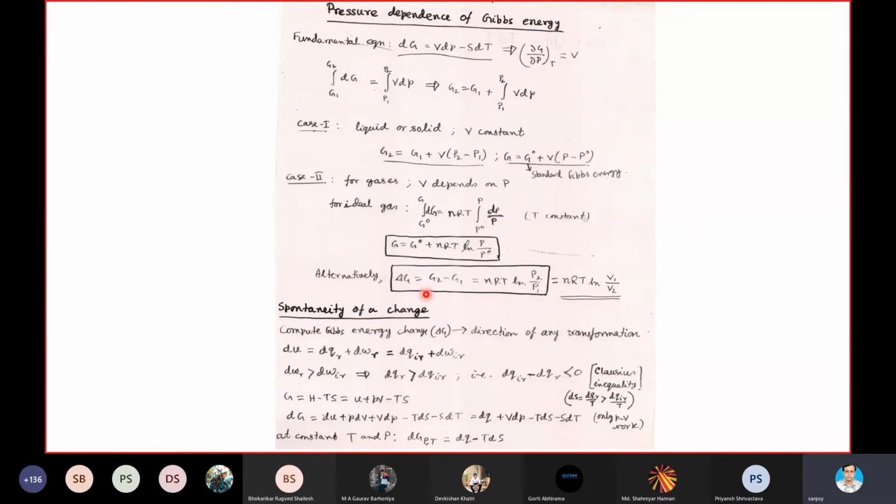This expression shows how pressure affects the Gibbs energy of a system, and if you know two different pressures, you can find the change in Gibbs energy for the process.